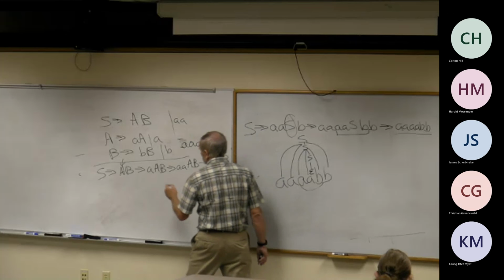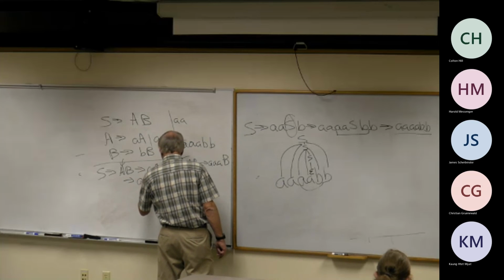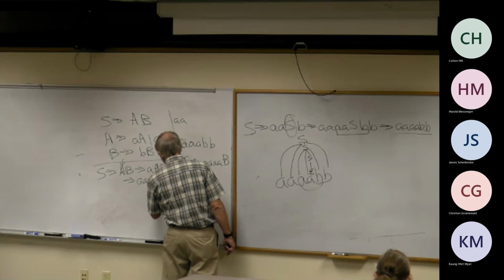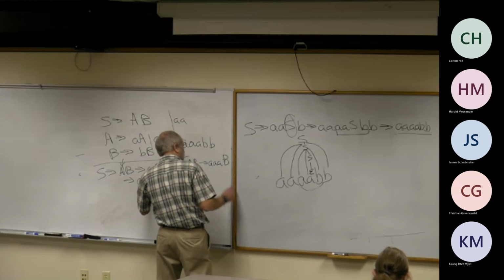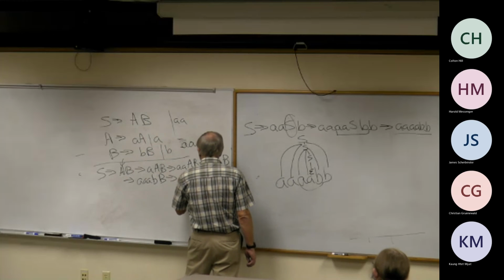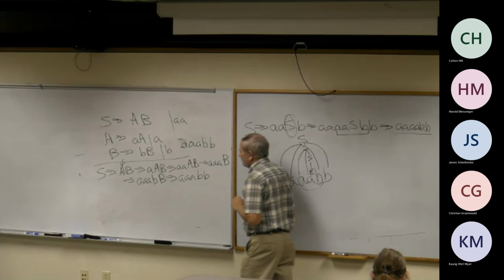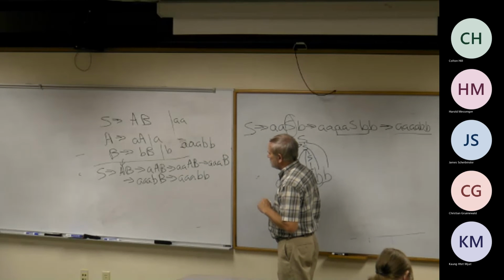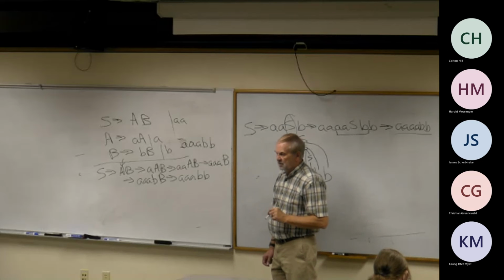Right, and continuing, let's see. So we replace the B with a little b, big B, then get. So at each step, when we had a choice, we took the leftmost non-terminal to replace.